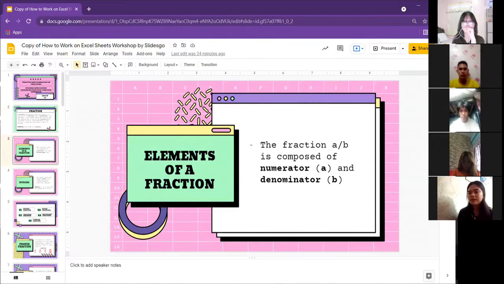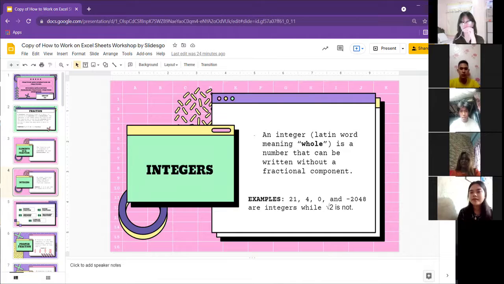Elements of a fraction. The fraction a/b is composed of a numerator a and a denominator b, which are integers. An integer, from the Latin word meaning whole, is a number that can be written without a fractional component.